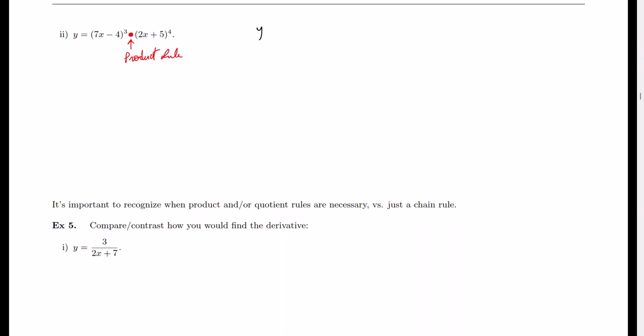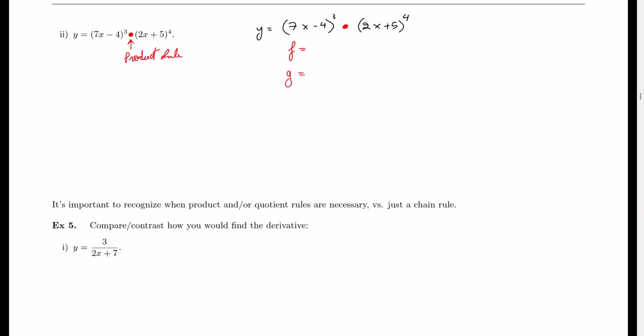Now, the function y, or the expression, is (7x minus 4) raised to the power of 3 multiplied by (2x plus 5) raised to the power of 4. So what is f and what is g in this problem? Remember, f is everything that comes before the multiplication sign.